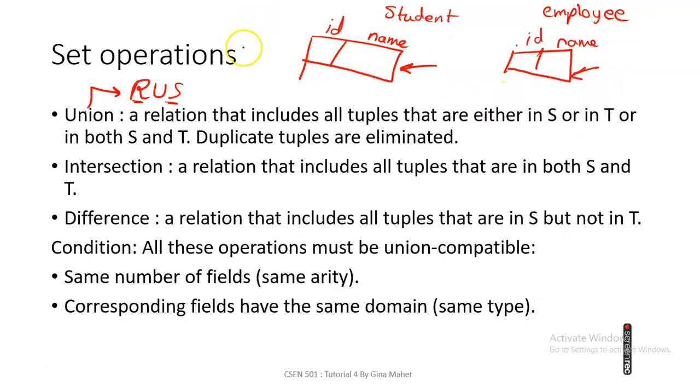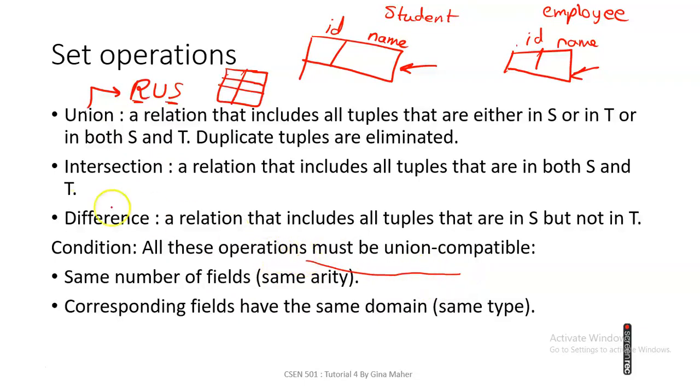So at the end, we want a new relation with all the tuples in both of them. In order to know whether a union can be done in this case or not, we need to check the compatibility between these two relations. So we need to check whether the relations are union compatible or not.